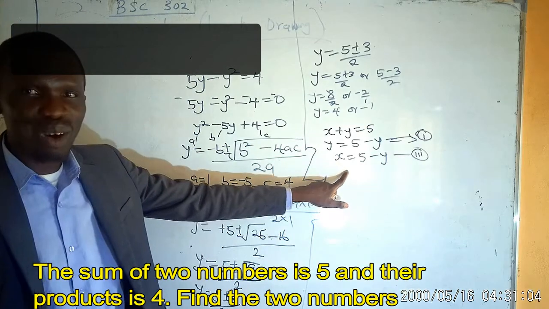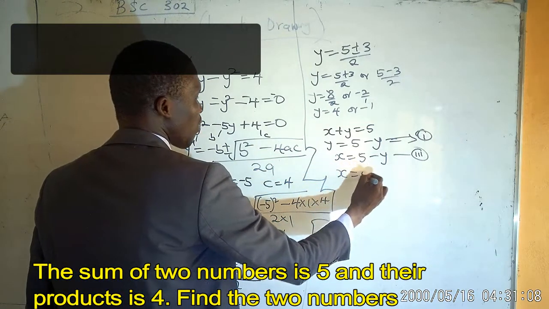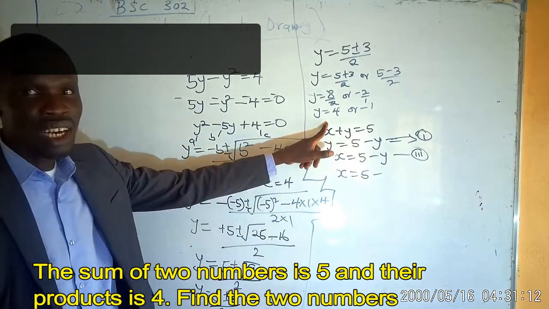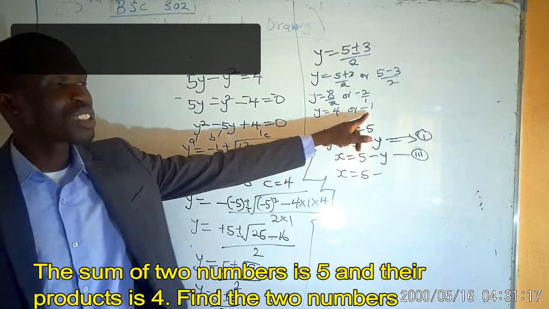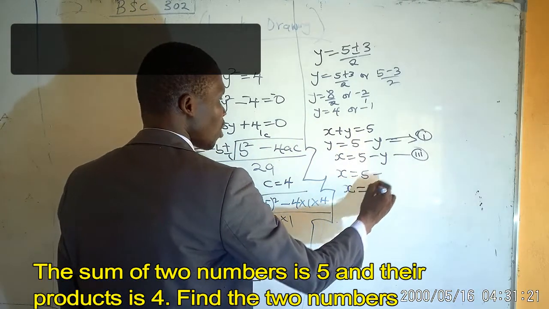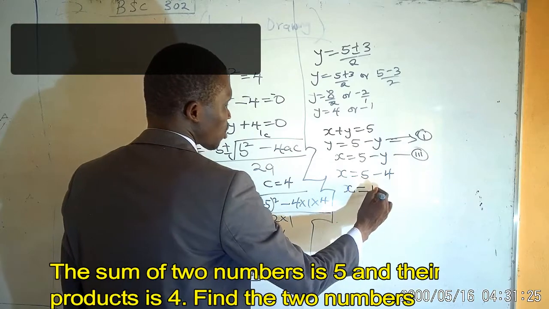So, we are looking for the value of x now. X will give us 5 minus, what is the value of our y? You can see, it's 4. So we are going to make use of positive because this is negative. So it will give us x equals 5 minus 4. X will give us 1.